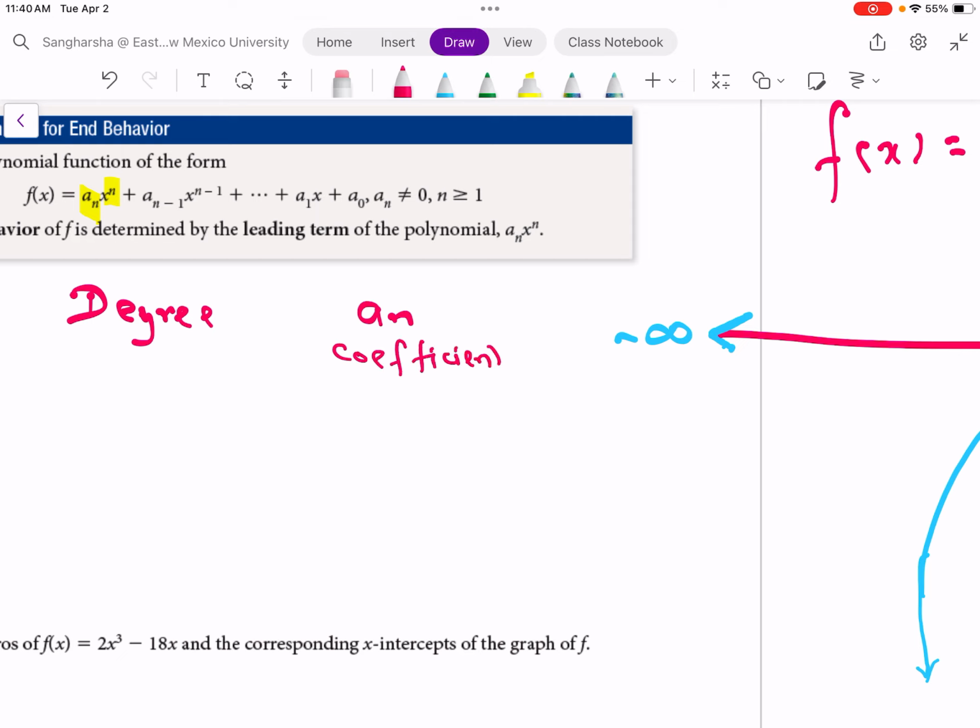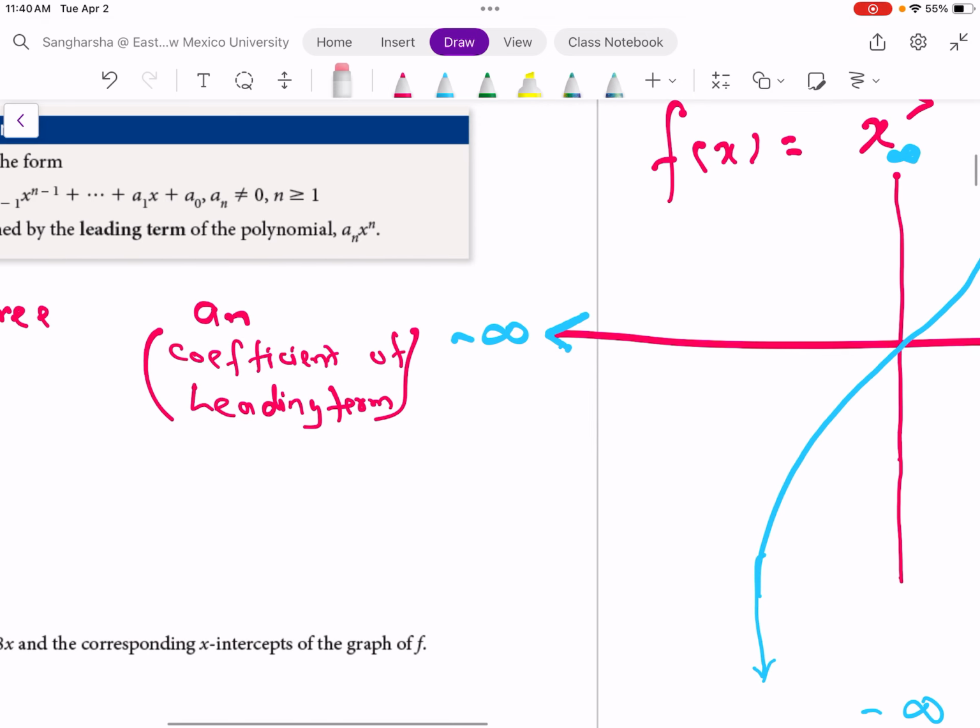Next, we want to know how the graph behaves on the left and right.